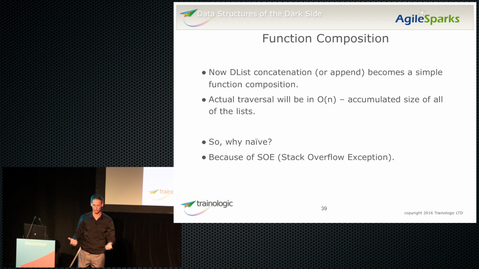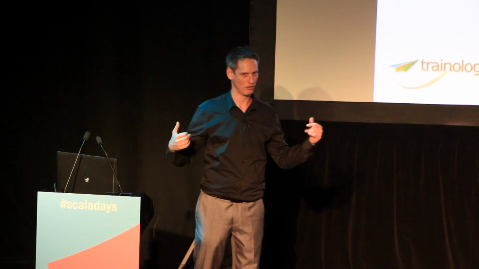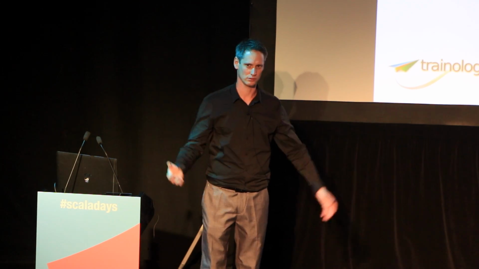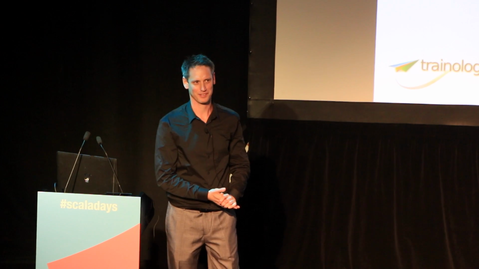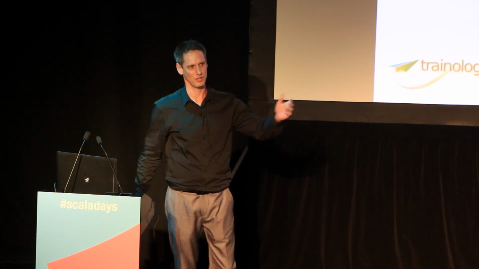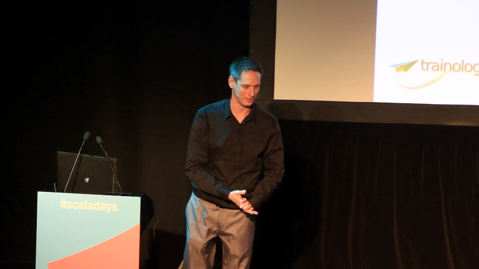Now, function composition is constant time. It's very fast. So actually, if we are trying to append a lot of DLists, we're just creating a chain of composed functions, one on top of the other, and that will be our final DList. And then I will just provide the empty list and get the full list from all of the chain.